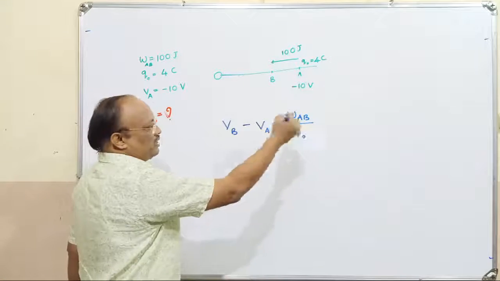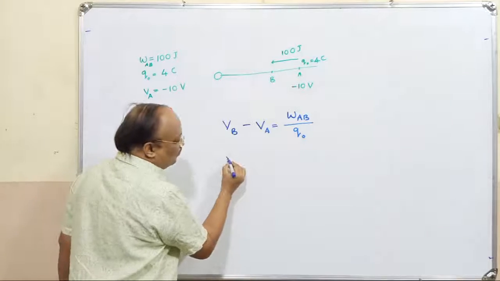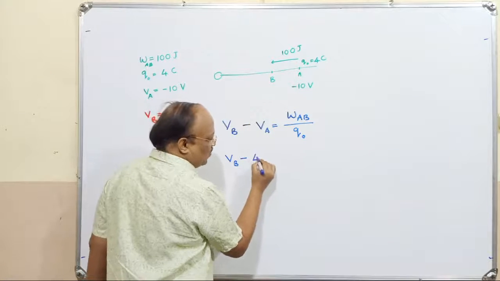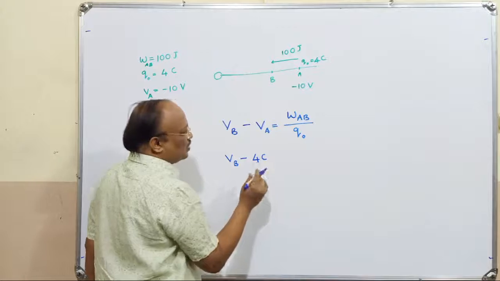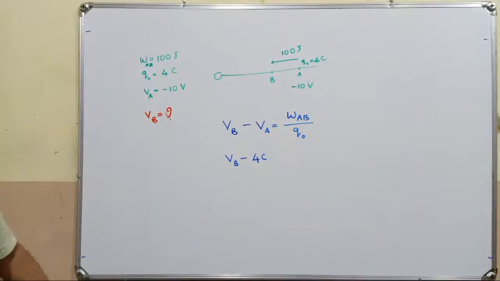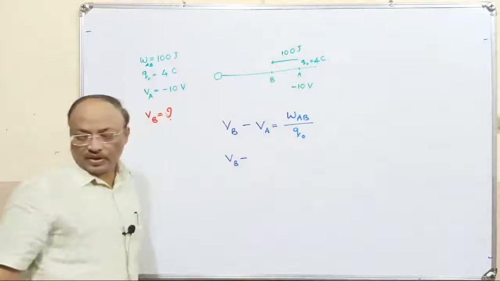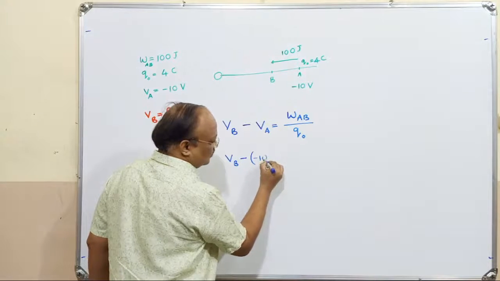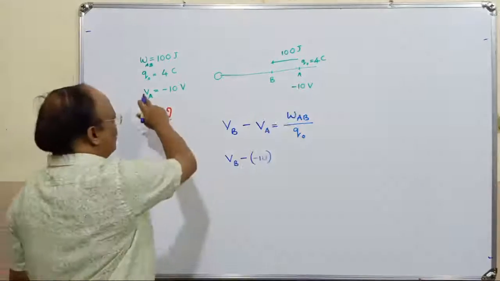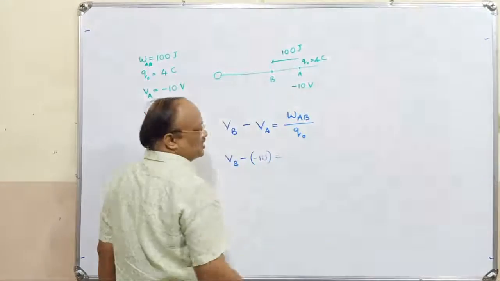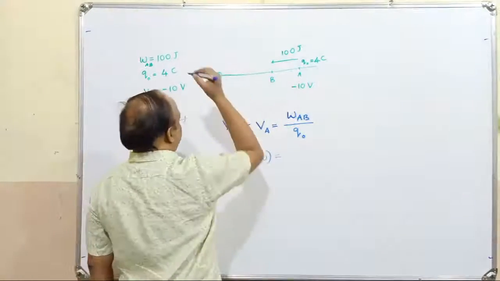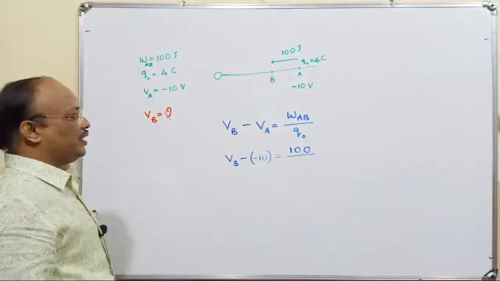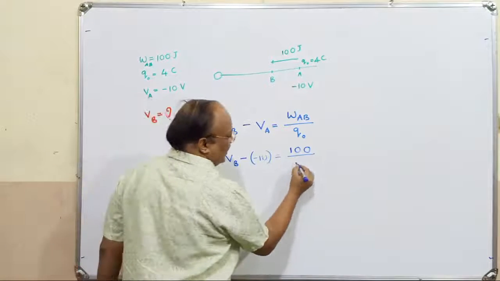Substituting all these values, VB minus VA, and VA is minus 10 volt, is equal to WAB, which is 100 joule, divided by Q naught, which is 4.